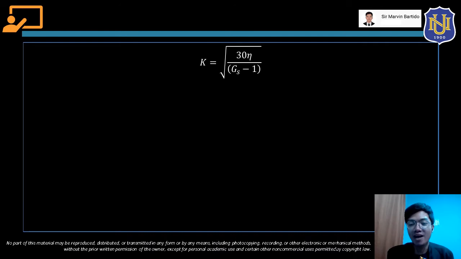And for the value of K, this is the formula we use for K: the square root of 30n over G sub s minus 1.